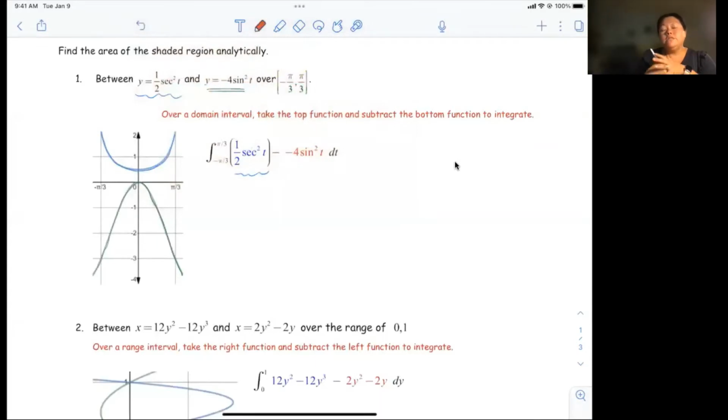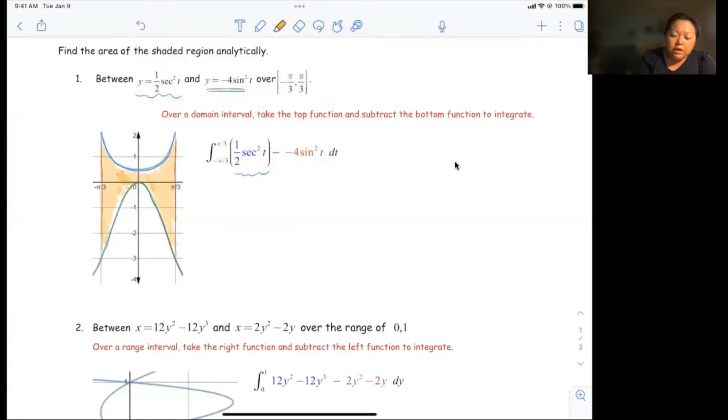So when they don't intersect each other, most of the time we'll give you an interval. We'll tell you, hey, we're going to start looking at negative pi over 3 all the way to pi over 3. So the region I'm looking at, the area I'm looking at, is this piece right here that is between the green and the blue function. And then your interval is going to trap the beginning and the end of it, right?